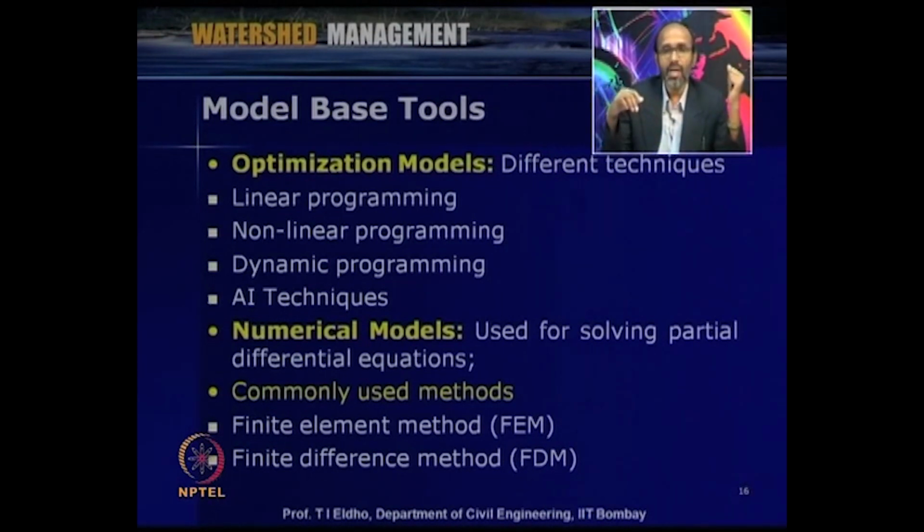Especially since water related or watershed related problems are very complex, we have to model and solve partial differential equations like Saint-Venant equations or Navier-Stokes equations. In those cases there are no analytical solutions available, so we have to use numerical models like finite element method and finite difference methods, as we have seen in some of the previous lectures.